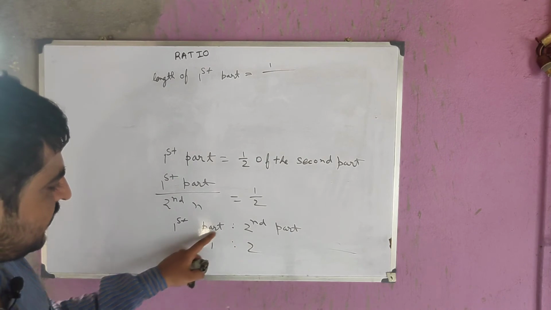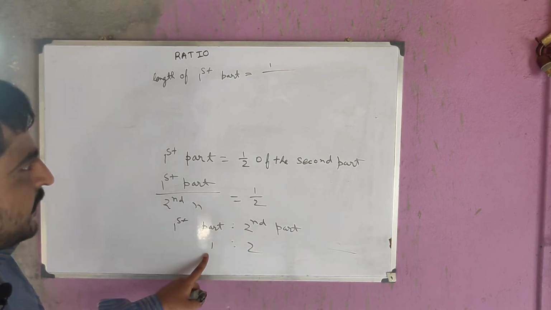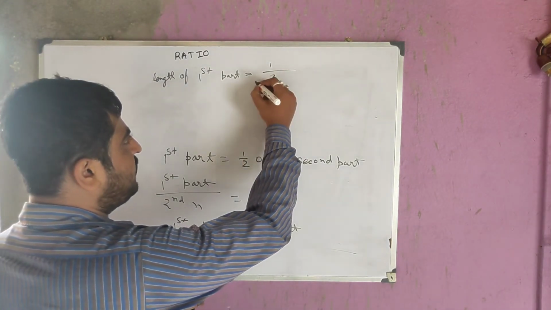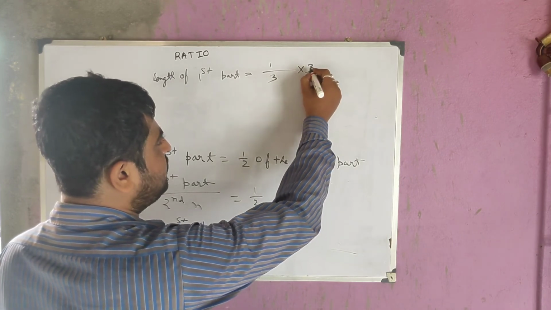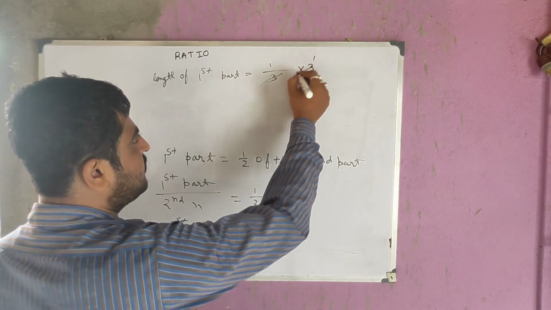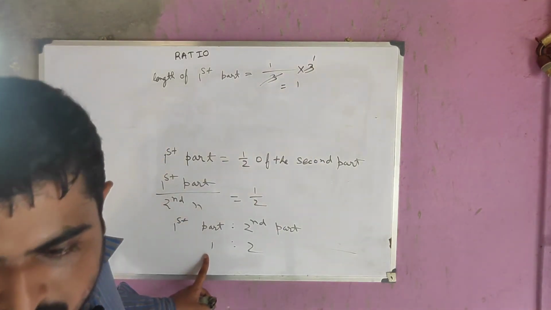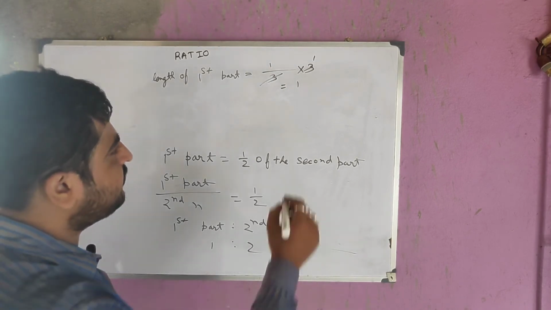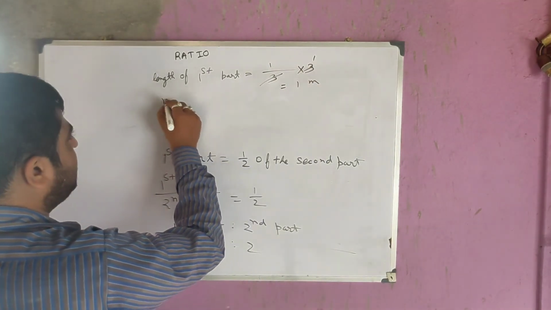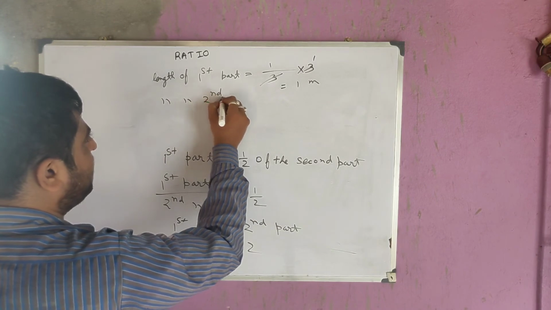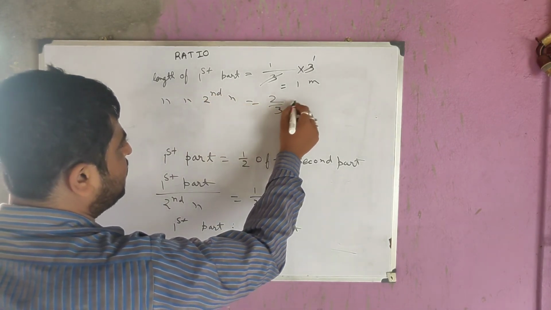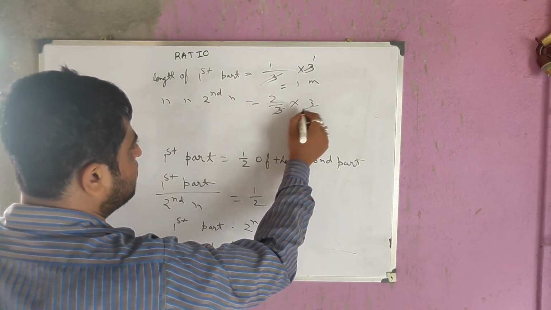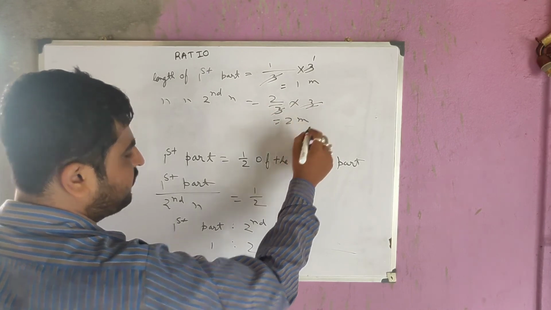If the total is 3, out of that the first part is 1, so we can tell it 1 by 3 into the total length 3. So the unit will be meter. Length of second part, same way, 2 by 3 into 3, so 2 meter.